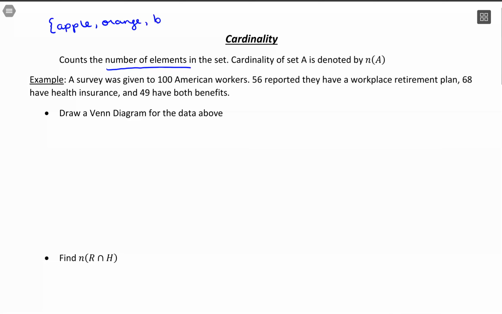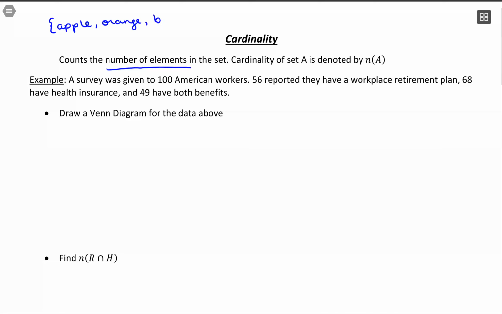So let's see how this can work together with our Venn diagrams. So what we're going to have here is a survey of 100 American workers. So that gives us an idea of our universal set. We have this overall 100 workers, and they're going to tell us how it divides up.